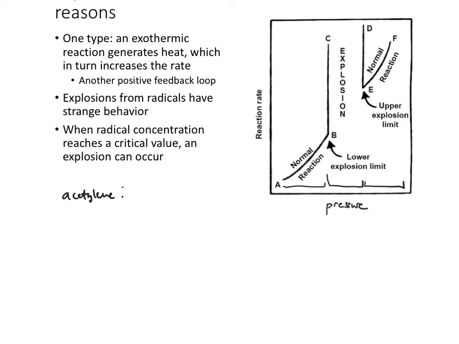then the reaction requires oxygen gas. And oxygen gas can be stored at arbitrary pressures. There's no danger of storing it at high pressures as long as the tank is able to withstand it. But acetylene is a different story. This is the molecule of acetylene. And if you store it at certain pressures, it will spontaneously combust.